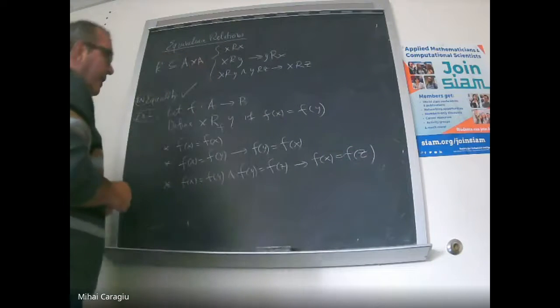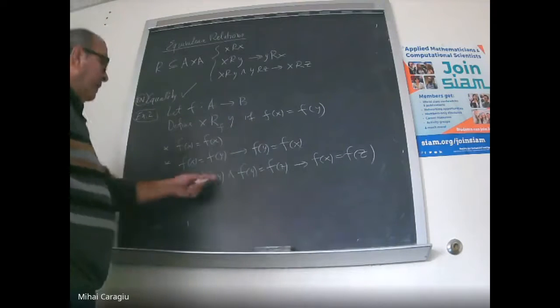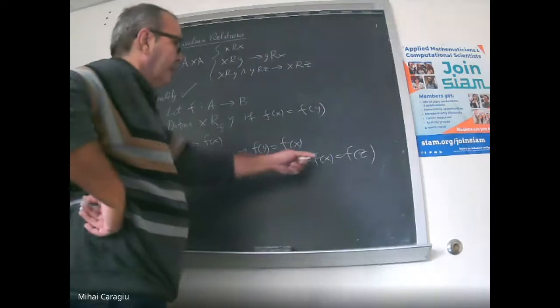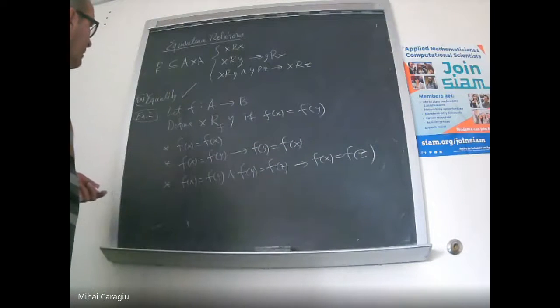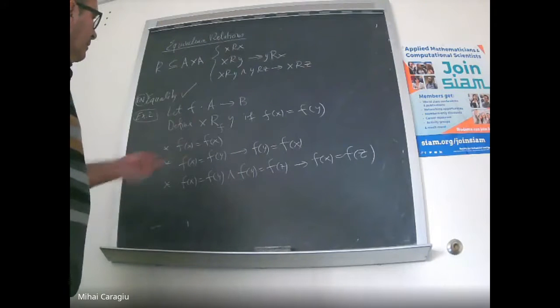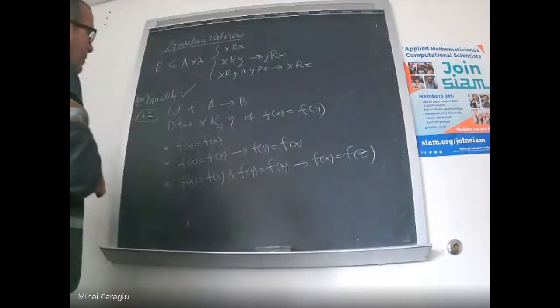Again, it's very clear. So if x R sub f y and y R sub f z, then x R sub f z, so R sub f is transitive. So this function induces an equivalence relation on A, which we call R sub f, the equivalence relation induced by the function f.